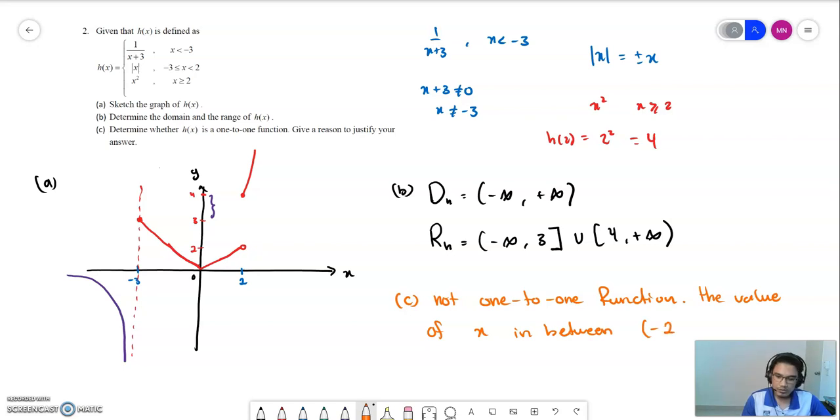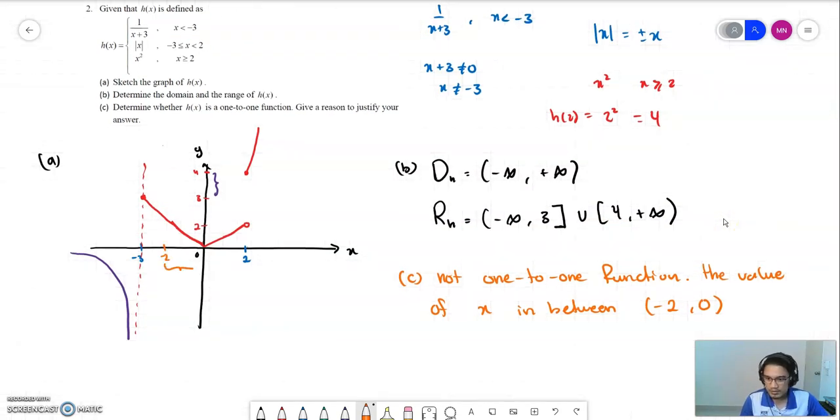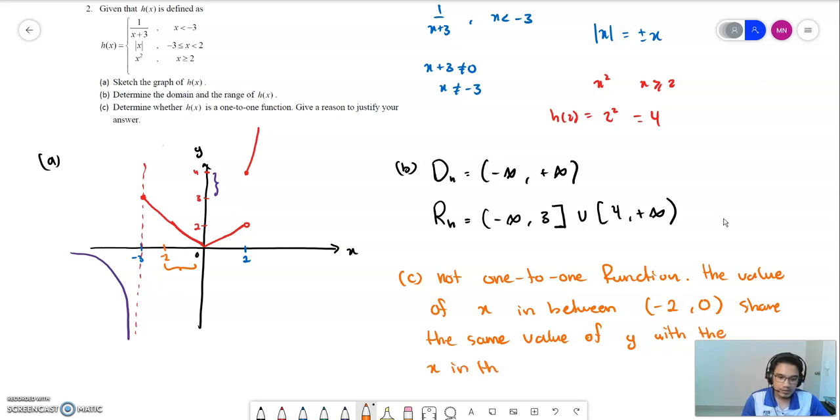between negative 2 and 0, from here, negative 2 until 0, shares the same value of y with the x in the region between 0 and 2.